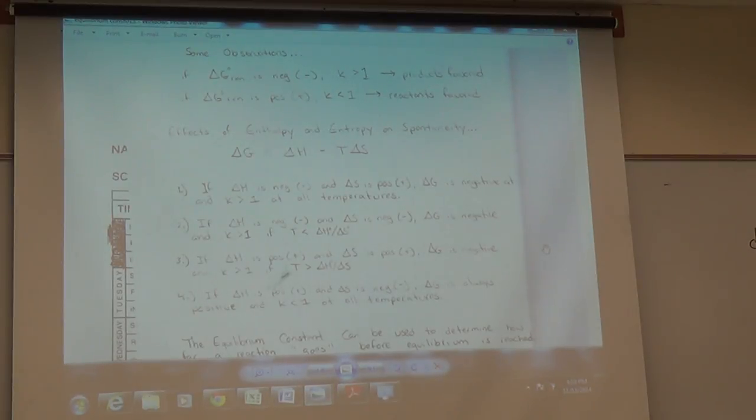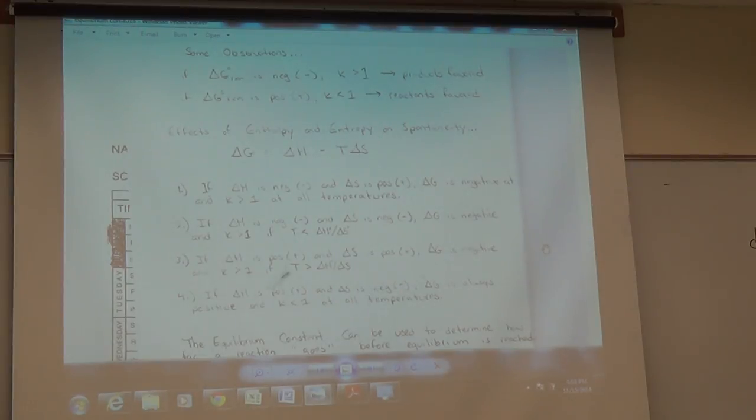And just to remind ourselves what we're talking about, the delta G expression was derived by taking a look at the entropy of the system and the surroundings. If you've got a negative delta H, this is a reaction that's dumping heat off into the surroundings and therefore increasing their entropy, right, increasing their disorder.